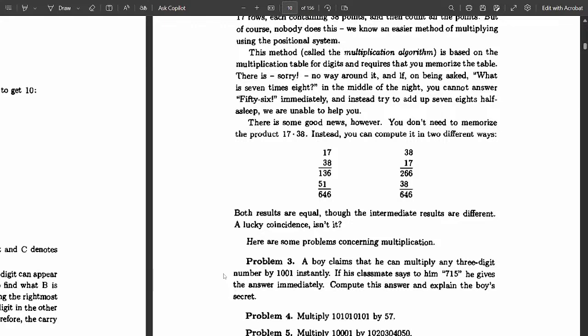It's like this one is adding 57 plus 570 plus 5700, 5700 plus 57.